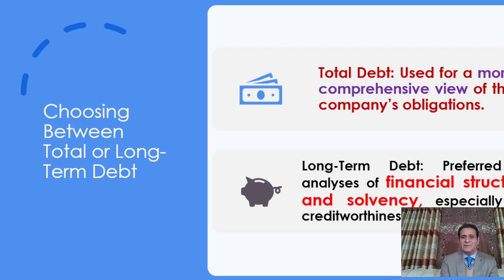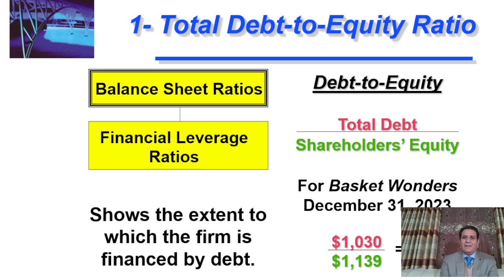Then there is a question: which ratio should we use, either total assets or long-term assets? Certainly, if we want a comprehensive overview of the company, we should use total assets. And if we want to analyze the financial structure and solvency, especially for creditworthiness assessment, we should use long-term debt.